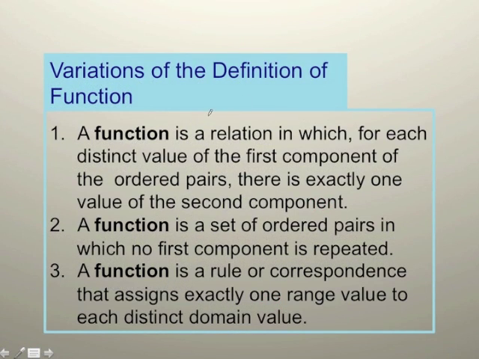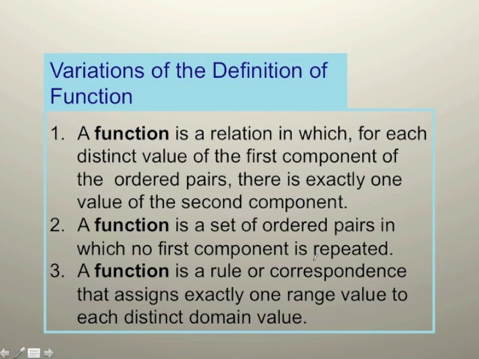Now, we've had a couple definitions for functions already. We'll emphasize a couple more. A function is a relation in which for every distinct value of the first component of the ordered pairs, there's exactly one value for the second component. Or we could say a function is a set of ordered pairs in which no first component is repeated.